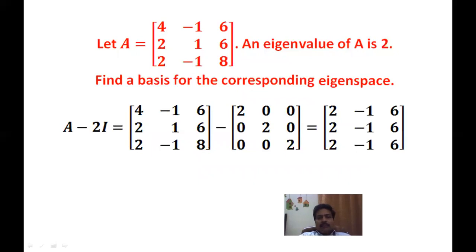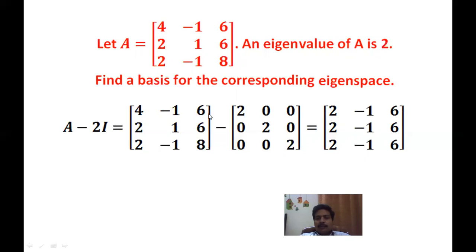So this is A minus 2I. Since A is a 3 by 3 matrix, we are multiplying 2 with I3, the identity matrix of order 3. So 2 into 1 0 0, 0 1 0 and 0 0 1, if you multiply that with 2, you will get 2 0 0, 0 2 0, 0 0 2. So we are subtracting this from A. So 4 minus 2 is 2.